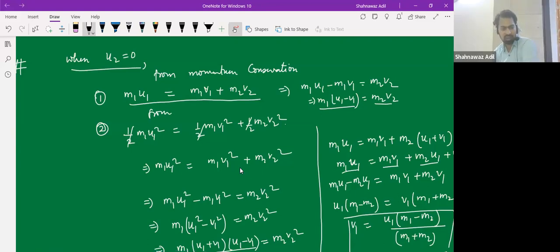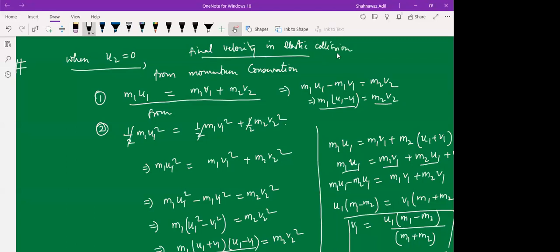So first they will ask you to derive this relation, that what would be the final velocity in elastic collision, right?